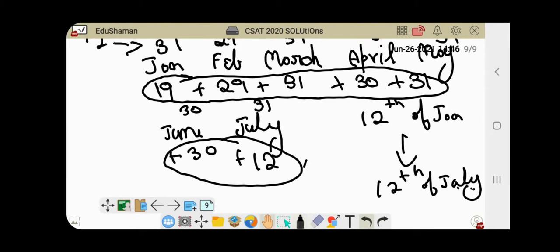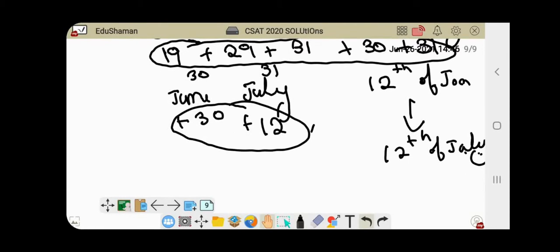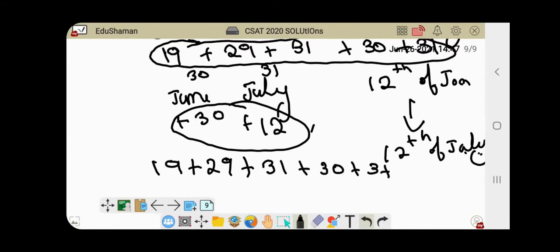So when I add 19 plus 29 plus so on, you can add it yourself manually, I'll do it mentally for myself. So plus 31 plus 30 plus 31 plus, erase it out to avoid confusion.